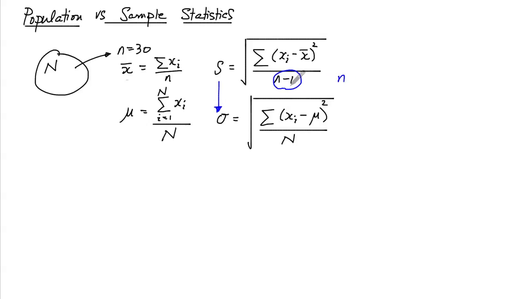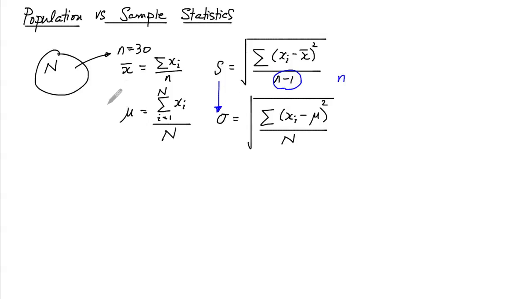Okay. Now, getting into the nitty-gritty and the robust mathematical reason behind why we divide by n minus 1 really is beyond the scope of just a first course in statistics. But a good intuitive explanation is, again, that we divide by n minus 1 to take into account the fact that S has a tendency to underestimate sigma.